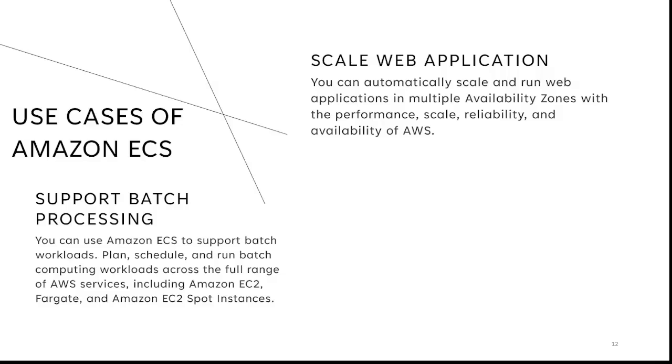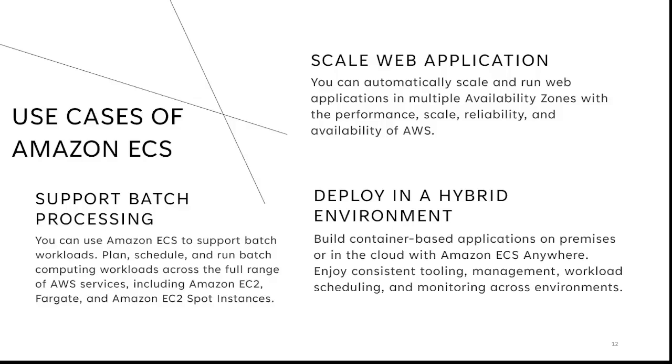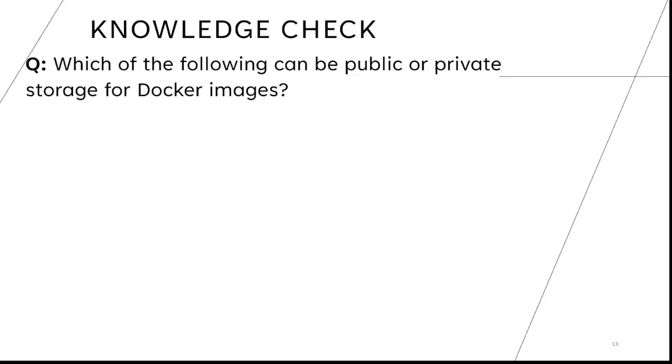By using batch processing, we can run at a specific time based on the schedule. And of course, for scalable web applications, we can use multiple availability zones with high performance, scale, and reliability, and we get high availability for our web application. Then the third, deploying in a hybrid environment, on-prem or cloud-based.